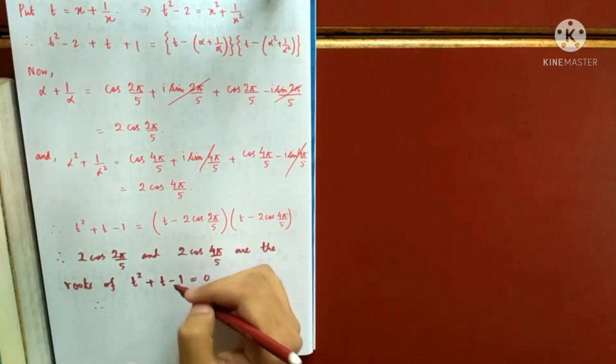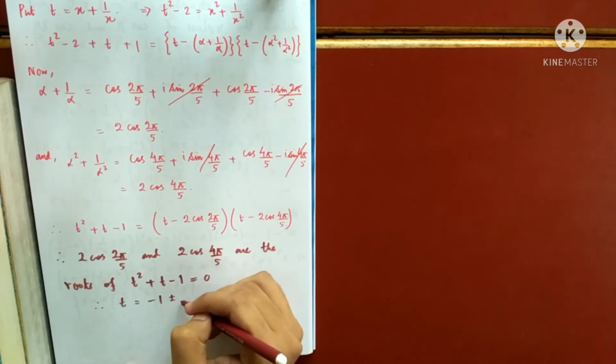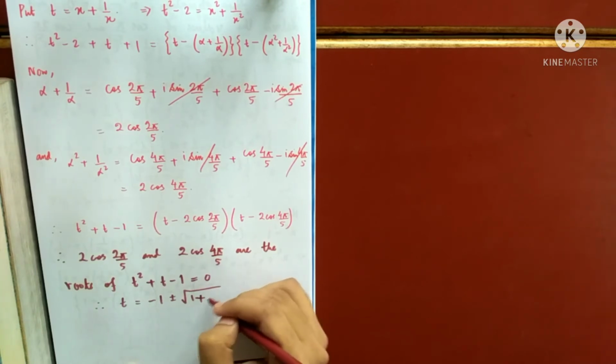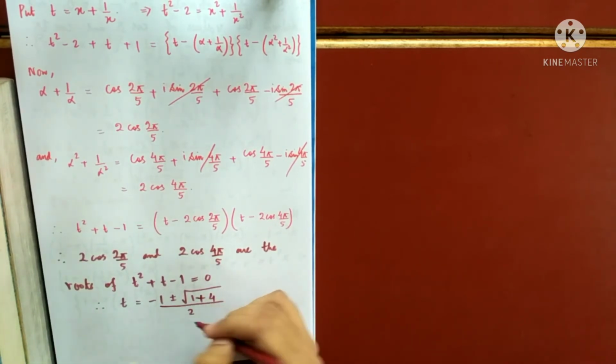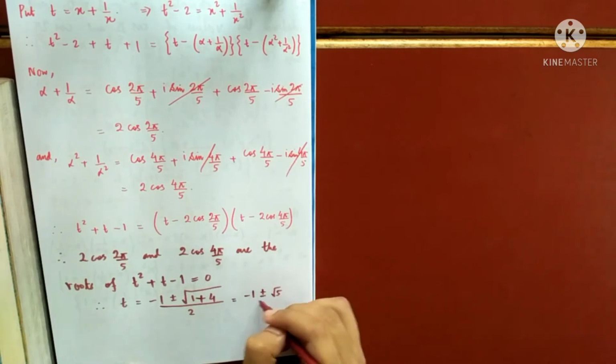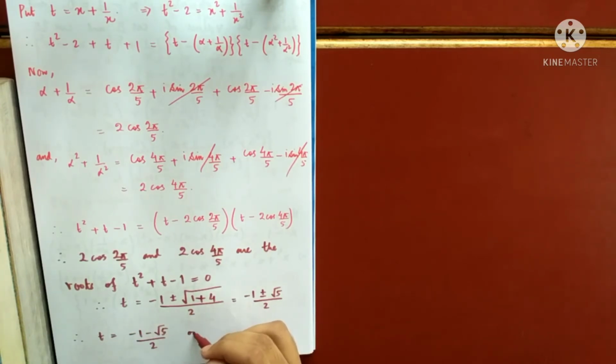So therefore t equals to minus b plus minus root over of b square minus 4ac, that will become plus 4 by 2, minus 1 plus minus root 5 by 2. Therefore one root is minus 1 minus root 5 by 2, and another root is minus 1 plus root 5 by 2.